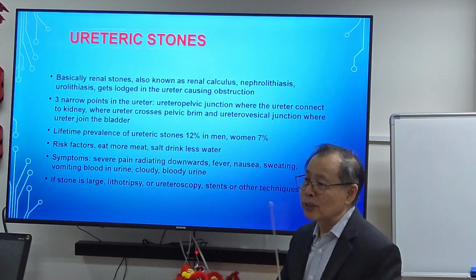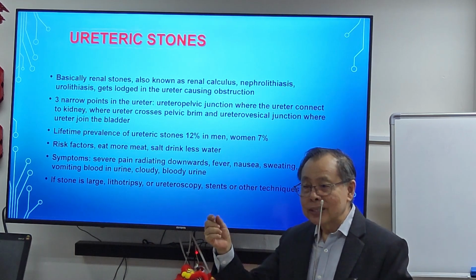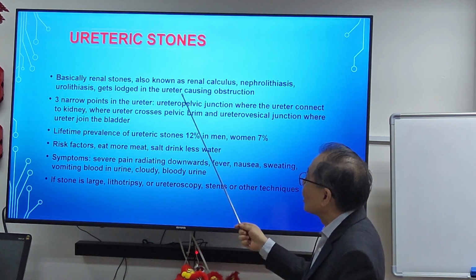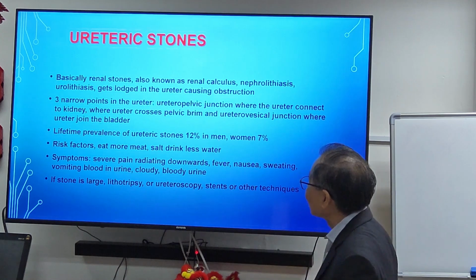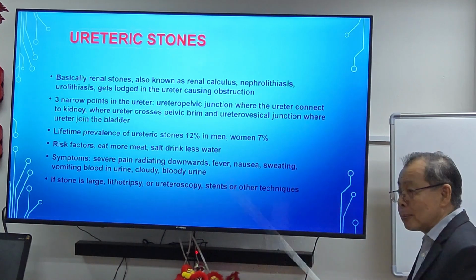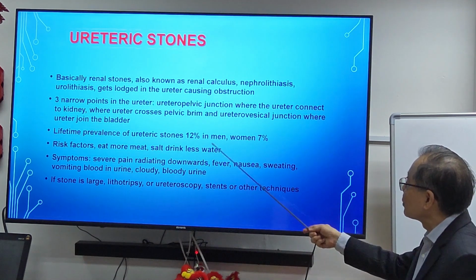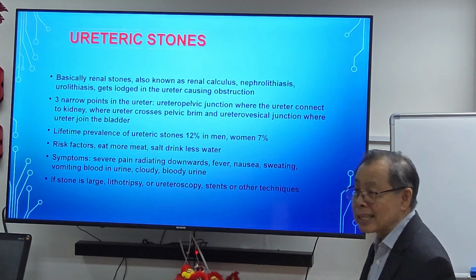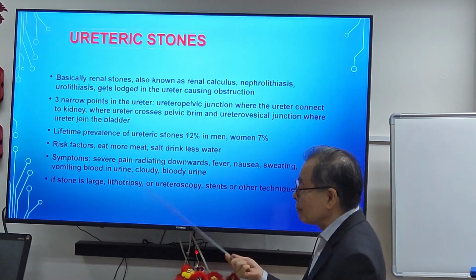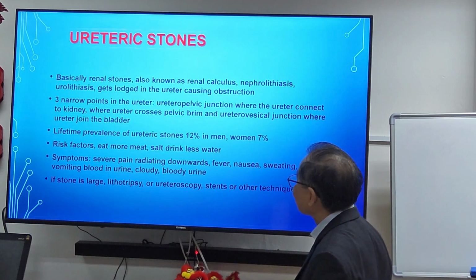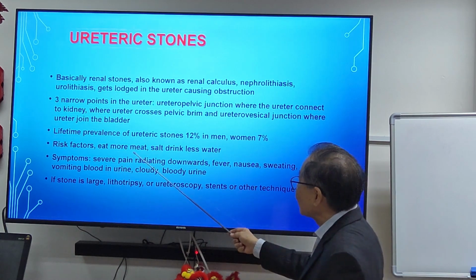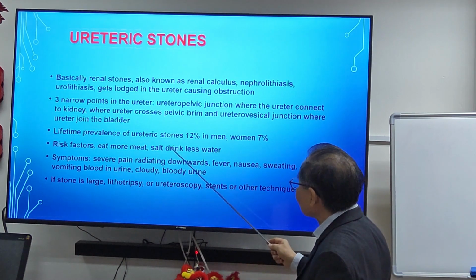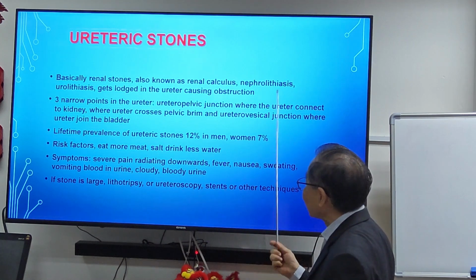At these three points, if there's a stone, you will get blockage. And it's common enough: 12% in men, 7% in women. It's quite a lot, 1 in 10, or maybe 1 in 11 or 12. Risk factors: you eat a lot of meat, and a lot of salt, and you didn't drink enough water.